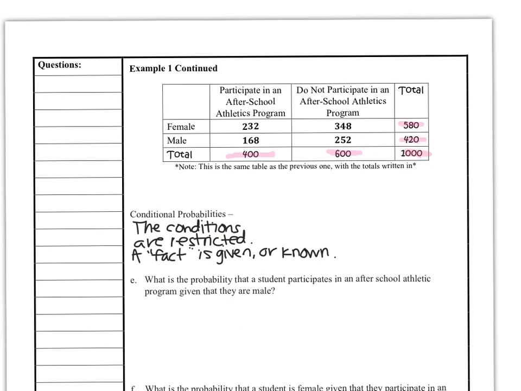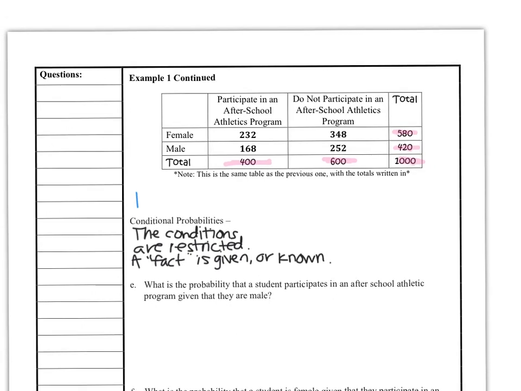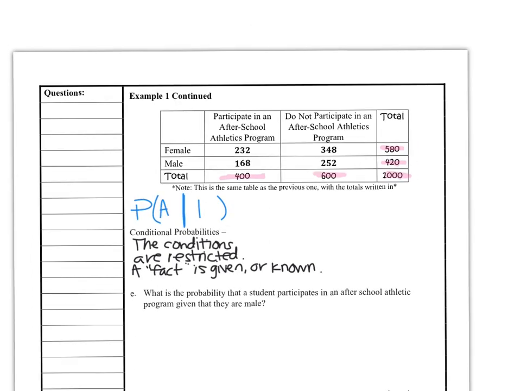So we're going to talk about the symbols, what it means, and then how to apply it. So we're going to see symbols like this, probability of A, and then there's this big bar, and then another event. So it doesn't have to be A and B, it just has to be whatever our events are, or our categories with their labels.